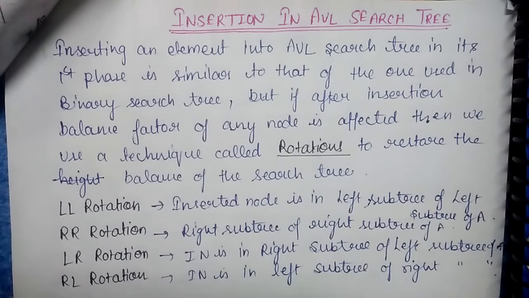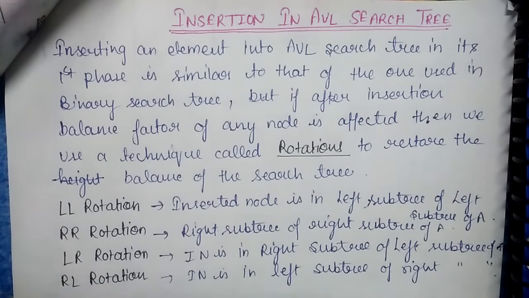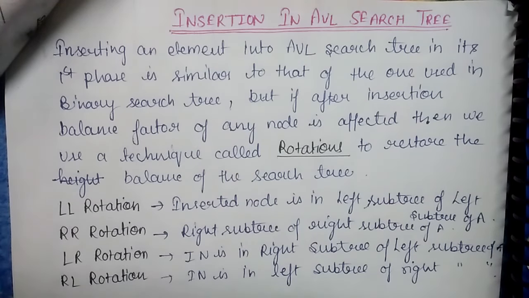Now in the AVL search tree we have four kinds of rotations. First rotation is LL rotation. LL rotation we use when the inserted node is in the left subtree of the left subtree of A. What is A? A is the affected node.